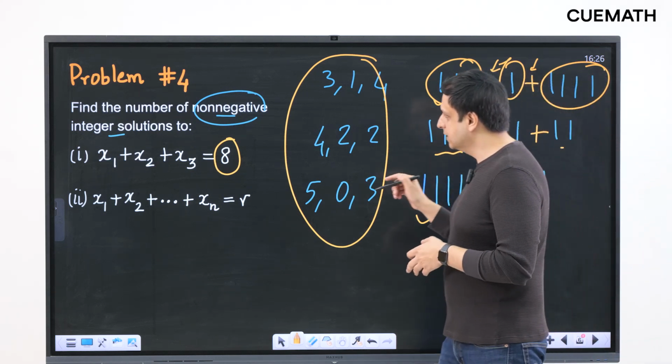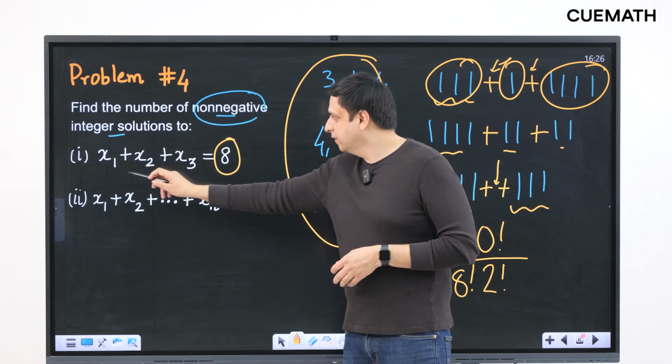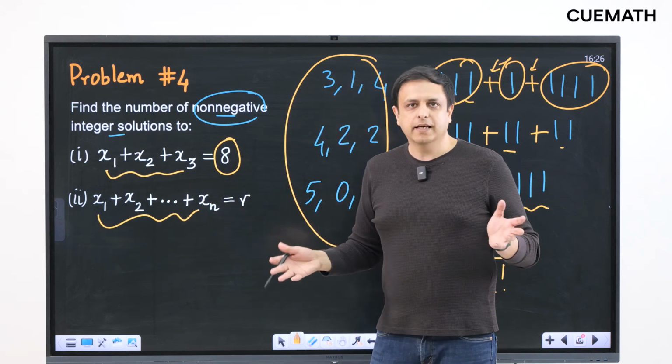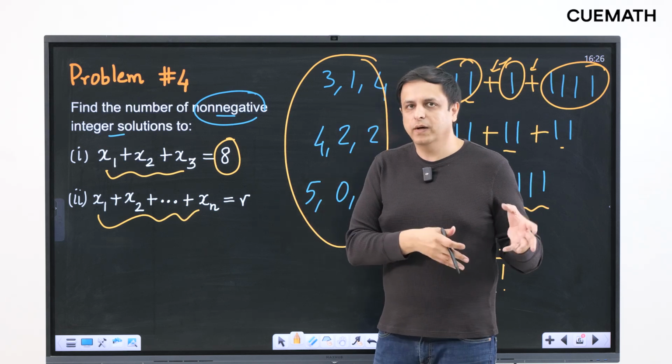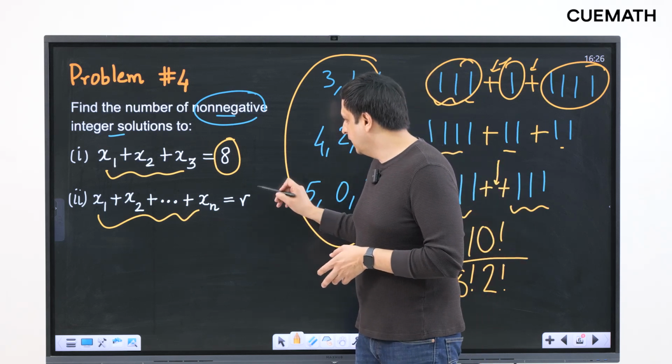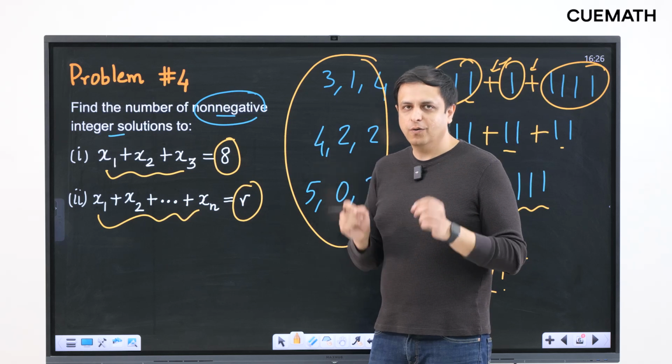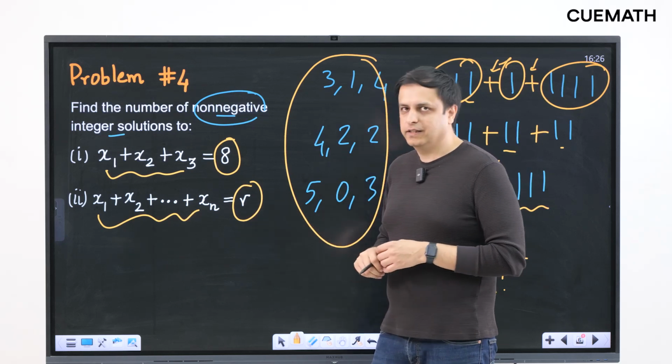Now, generalizing this is very easy. Instead of 3 variables, we have n variables. So how many plus signs will we have? We will have n minus 1 plus signs, and they're all adding up to r. So we will have r ones because we have r on the right side.